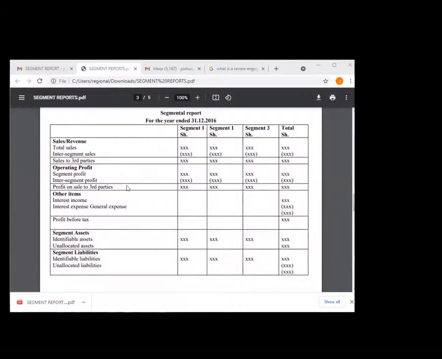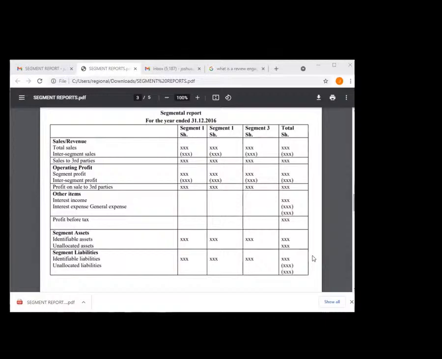We don't bring issues of tax in segmental reporting. And then, of course, we have the segment assets, the ones which are identified for each segment, and then the unallocated assets, which you are not able to allocate to any segment. And then you give us the total. And then we have the segment liabilities, the same approach, identified liabilities, and then unallocated liabilities.